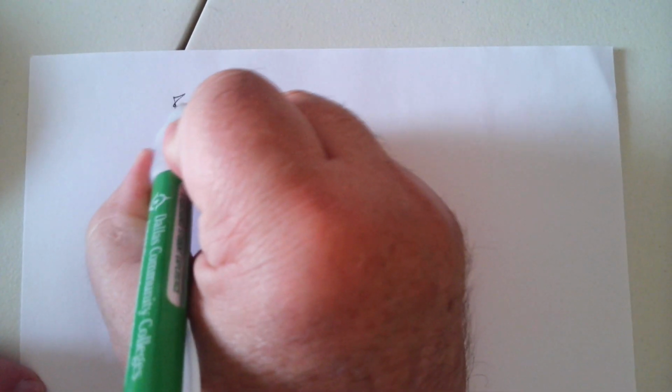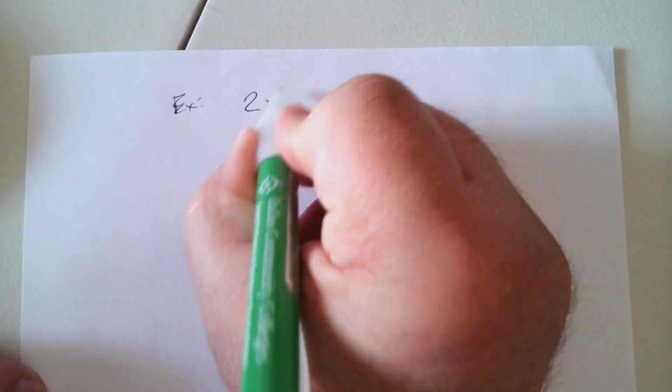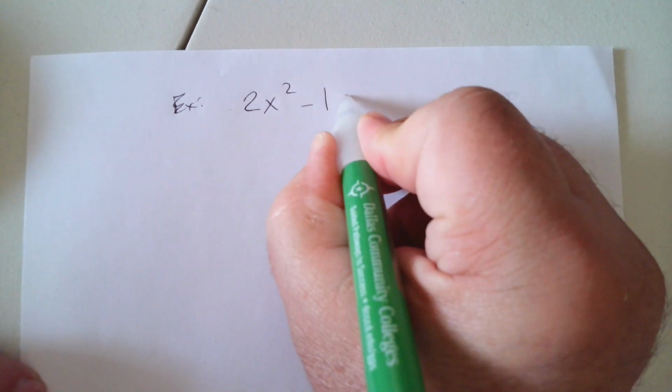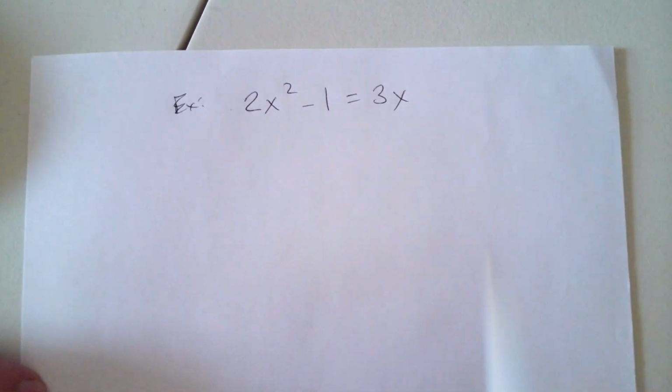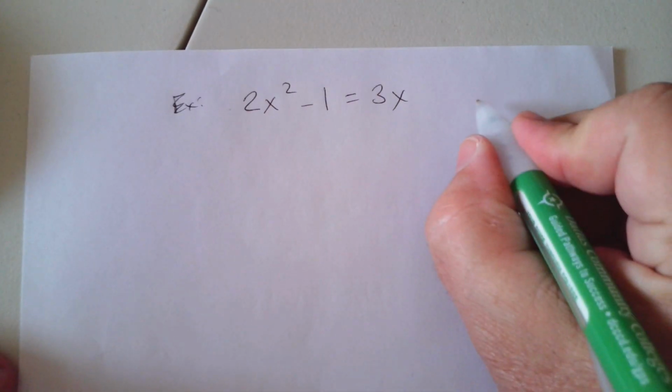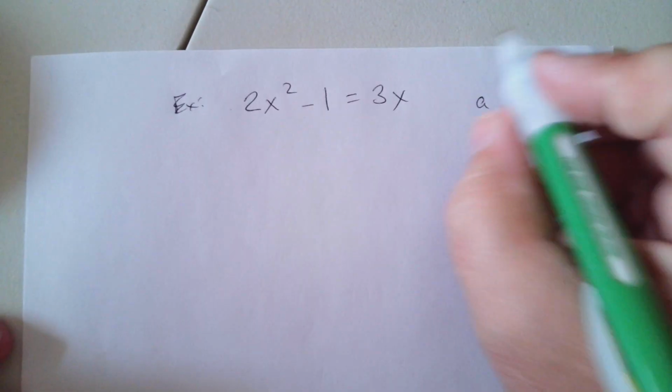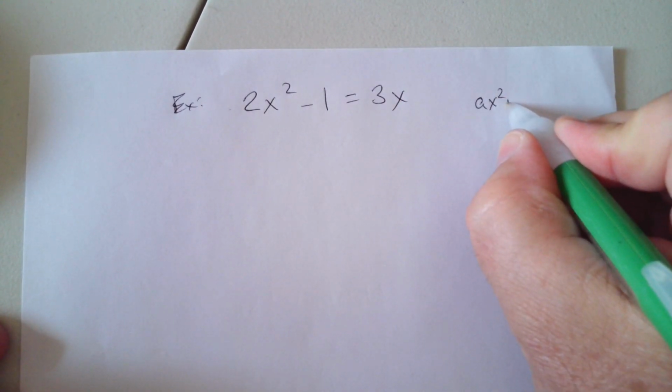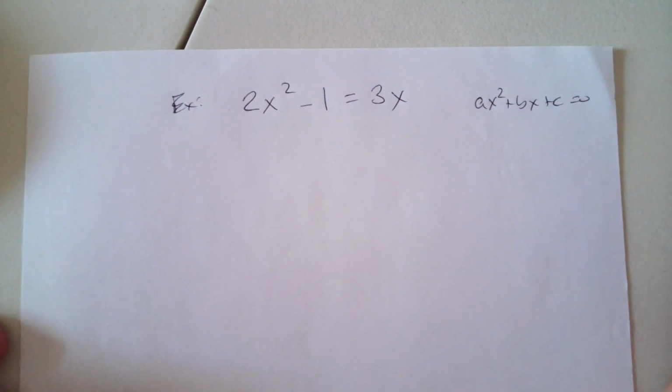Let's look at the last one we just did. 2x squared minus 1 equals 3x. So, what's our first step here? Our first step is to label A, B, C. No, the first step is to put it in the form ax squared plus bx plus c.